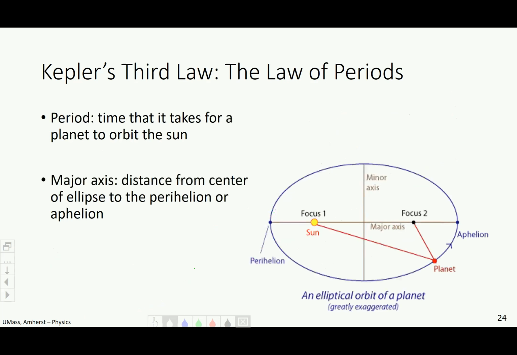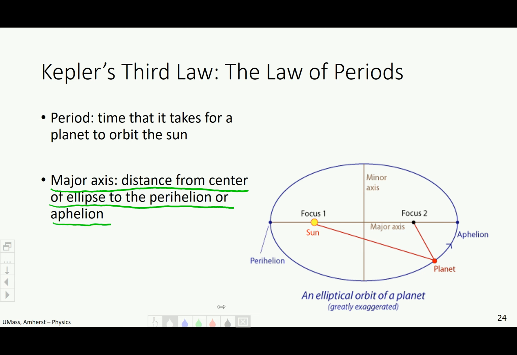So the third law, the law of periods. The period is the time that it takes for a planet to orbit the sun. For us, we call that 1 Earth year, and that has a direct connection to the major axis of the ellipse, which is the distance from the center to the perihelion or the aphelion.